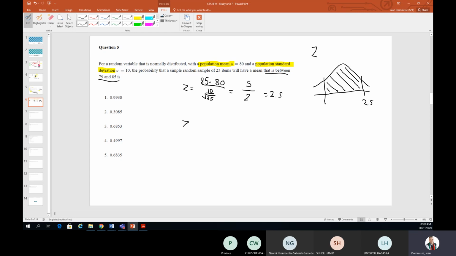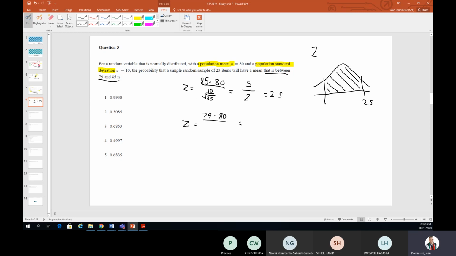So let's see the other Z: 79 minus 80. It just shows you how easily one can make a mistake.